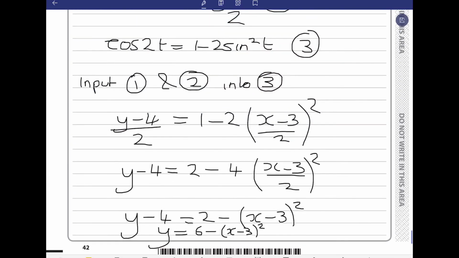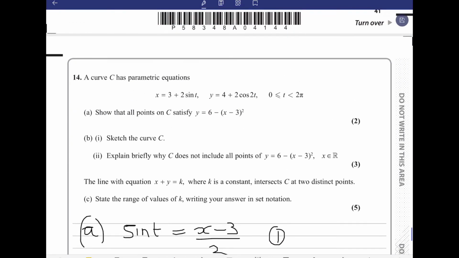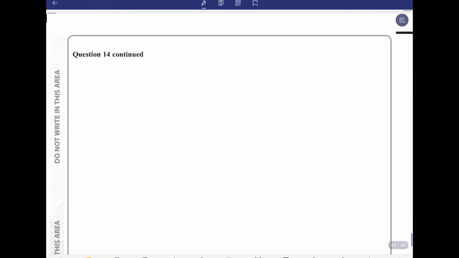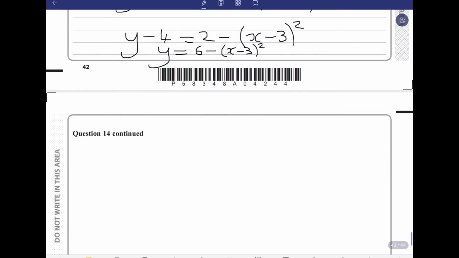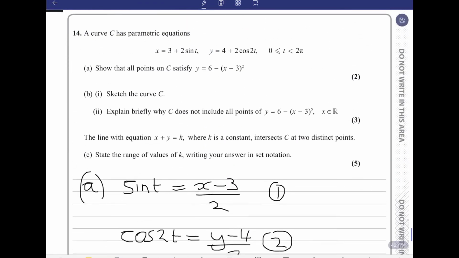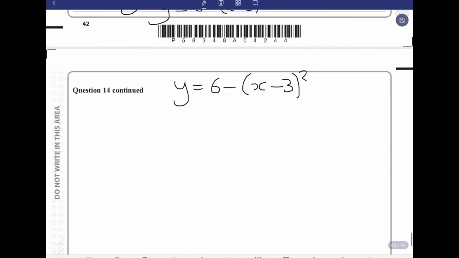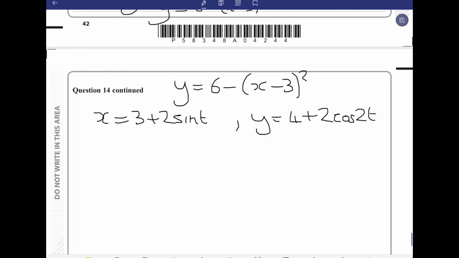So we now know that all points on C satisfy that equation for y. Part B, we're asked to sketch the curve C, which is why I left this space here. I'll write our equation out again, and the parametric equations: x equals 3 plus 2 sin t, y equals 4 plus 2 cos 2t.